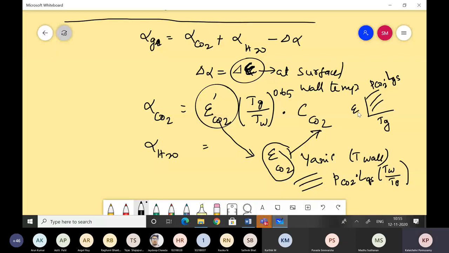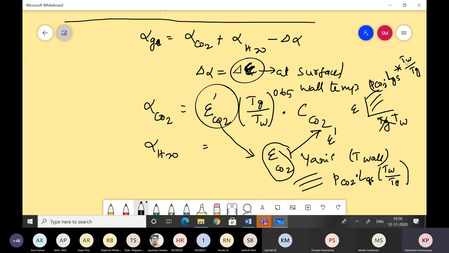This is how you calculated your emissivity, right? Okay, now in order to calculate your emissivity dash, instead of your Tg, you take your wall temperature here, right? You have to take the wall temperature given in your problem to refer to your x-axis value, and for different lines, the value you have to calculate is PCO2 LGS multiplied by T wall divided by T gas.